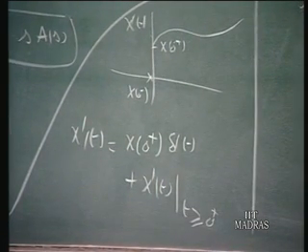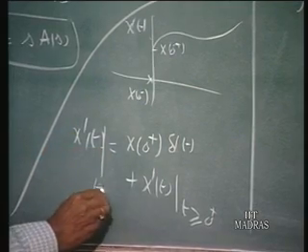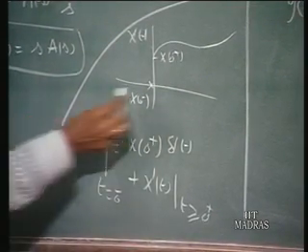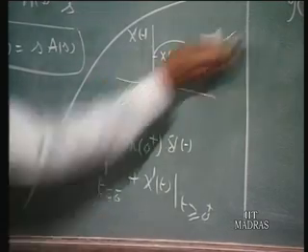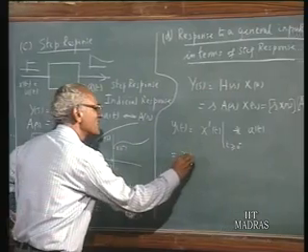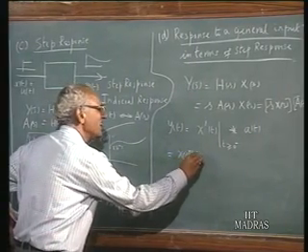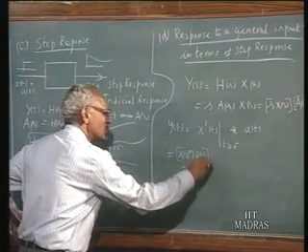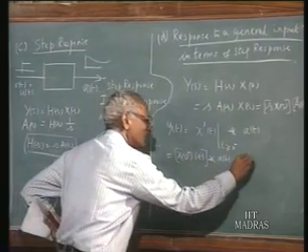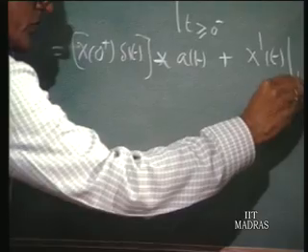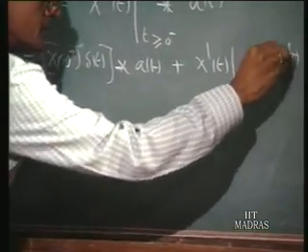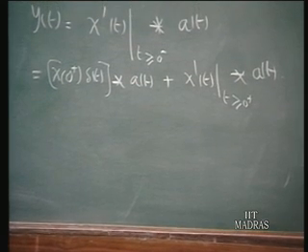So x prime(t) starting from t equals 0 minus can be thought of as an impulse function which comes because of this jump, plus the derivative from t equals 0 plus onwards. So I can write this further as x(0 plus) times delta(t) convolved with a(t), plus x prime(t), which we consider only from 0 plus onwards, convolved with a(t). That is what we are having.